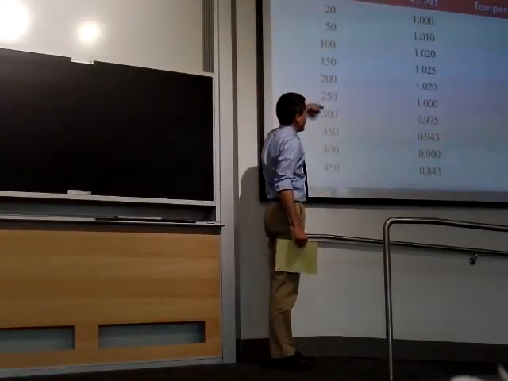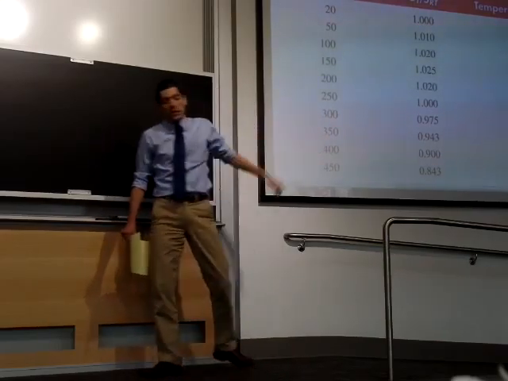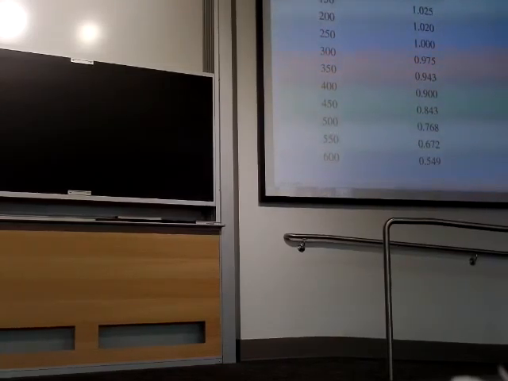Right? And then as your temperature increases, that ratio is going to decrease. Now let's scroll down a little further here. If you go to 600 degrees C, the Kd factor goes to 0.55, right? So you see that there it loses half of its fatigue strength.